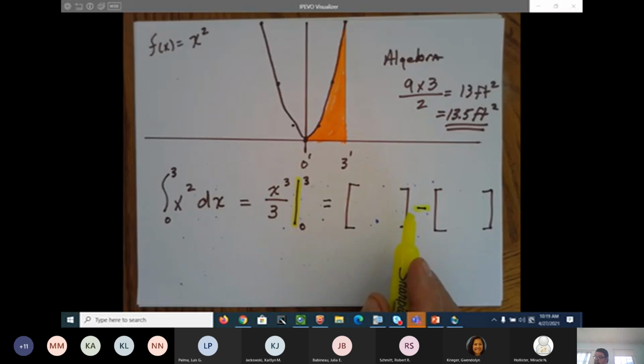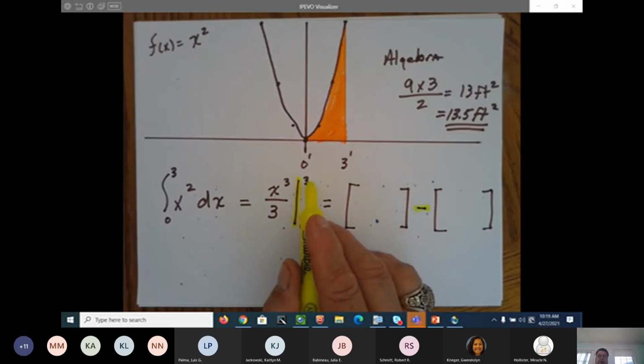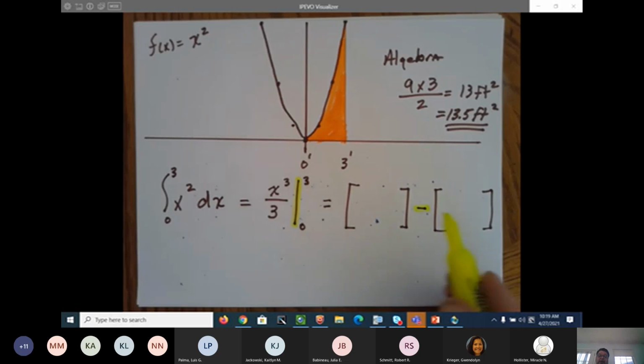I'm going to take the number, plug in 3, and subtract the number, plug in 0. And what's left will be my area. Everybody with me? And just in case I forgot to do this, let me take a line and my ruler.